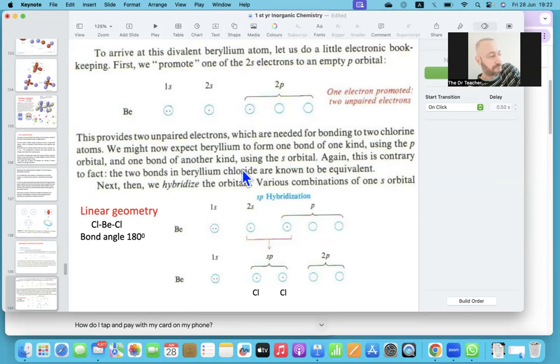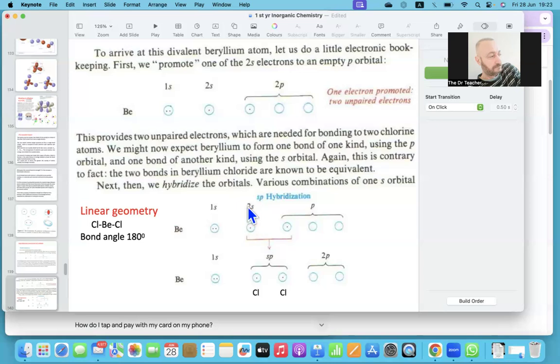So now we are forming two single bonds with two chlorines. Let's see, beryllium here: one electron in s, one electron in p, to the left side. Each is a single bond; this is not a minus, it's a bond. So the bond angle here is 180 degrees. How did it happen?